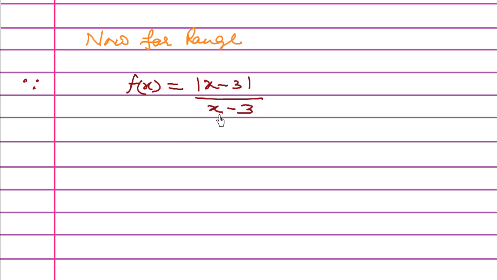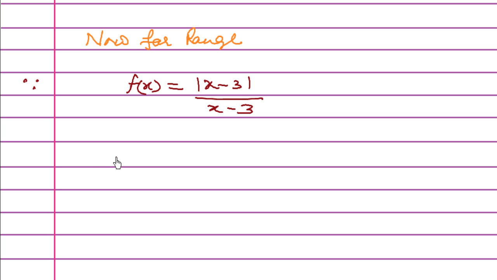Now for range, we know that f of x is equal to mod of x minus 3 over x minus 3. The mod of x minus 3 means it may be either negative or positive.